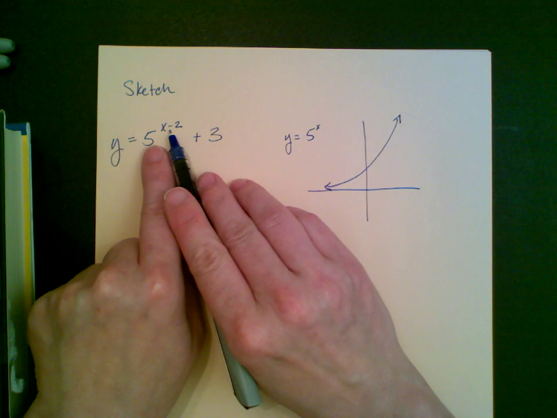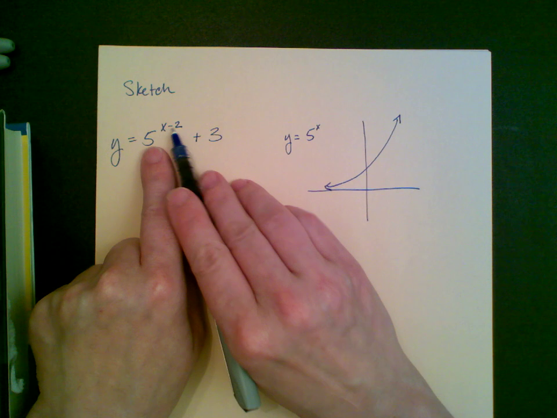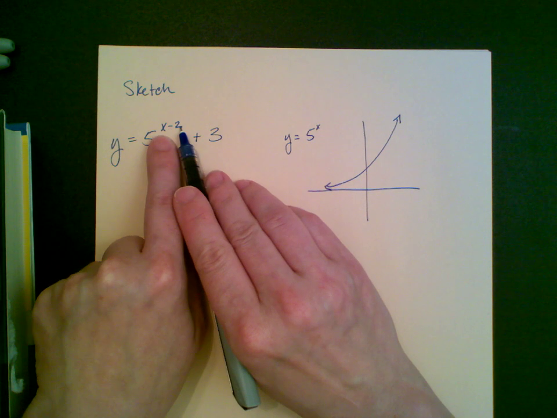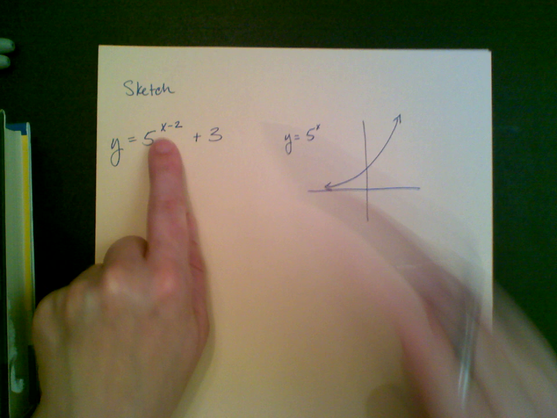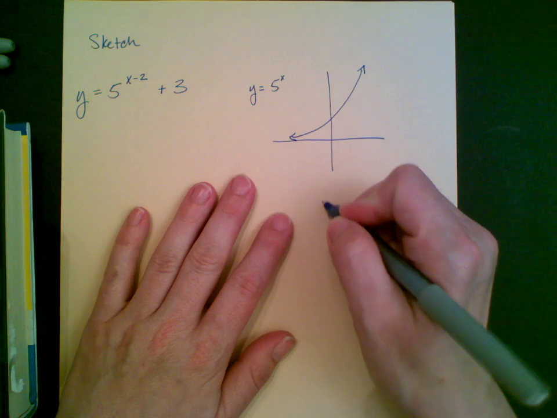Now, if I am subtracting 2 from the input, that's a horizontal shift to the right 2 units. I changed my example at the last minute here.